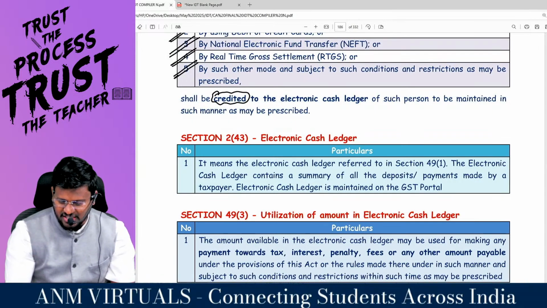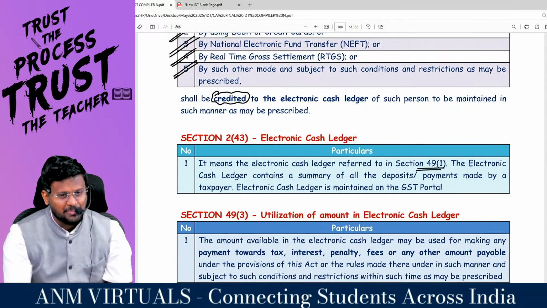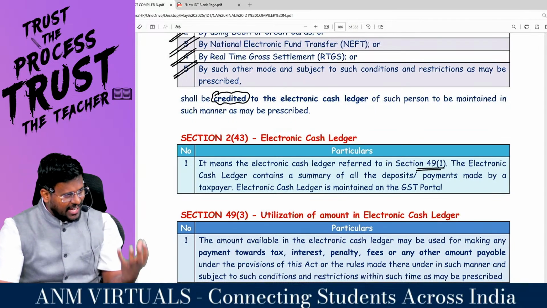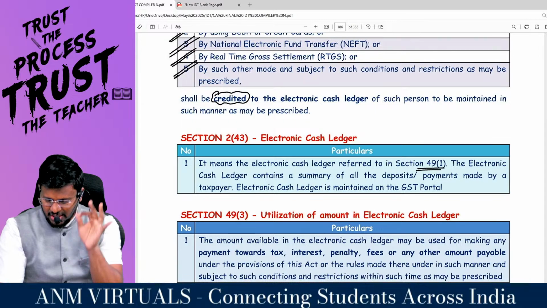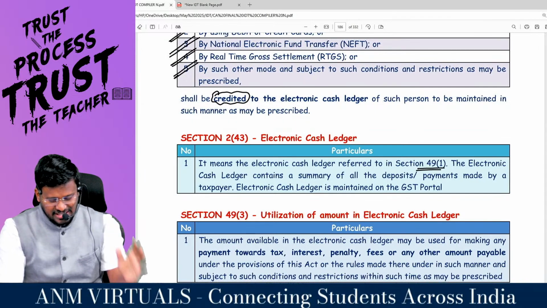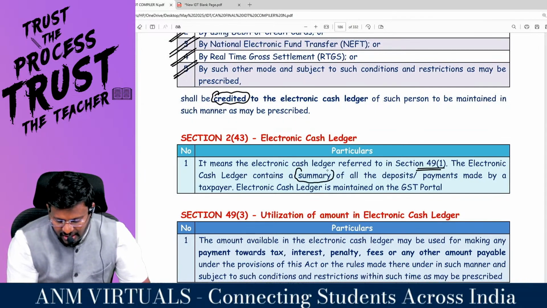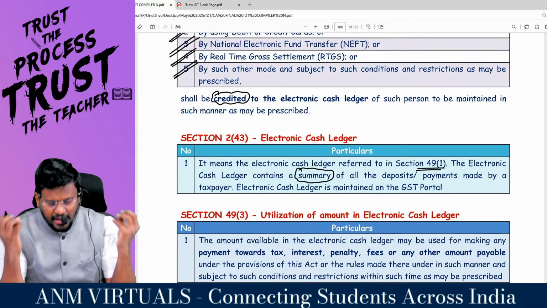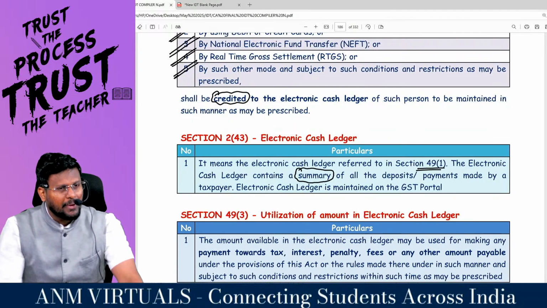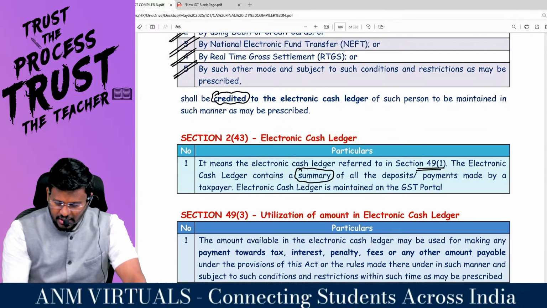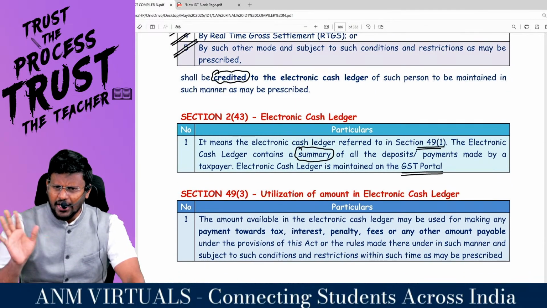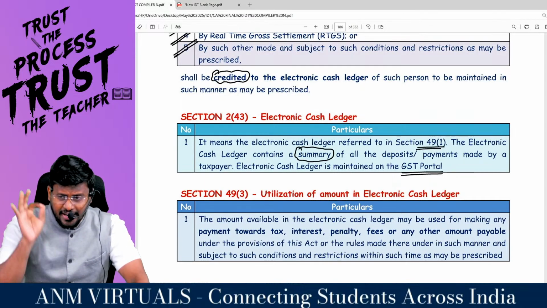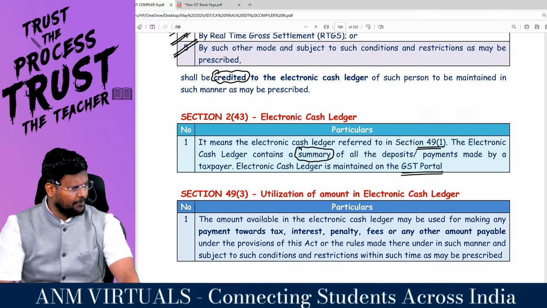It means the electronic cash ledger referred to in section 49 subsection 1. The electronic cash ledger contains a summary of all the deposits or payments made by the taxpayer. The electronic cash ledger is maintained on the GST portal. It is not maintained in your books of accounts; it is maintained by the government on the GST portal.